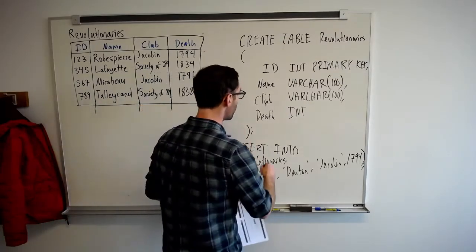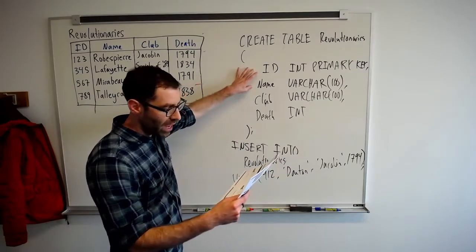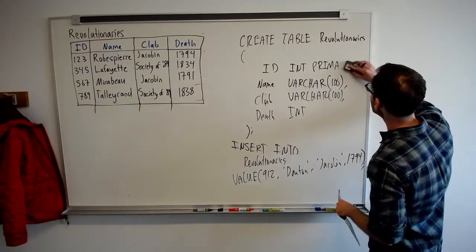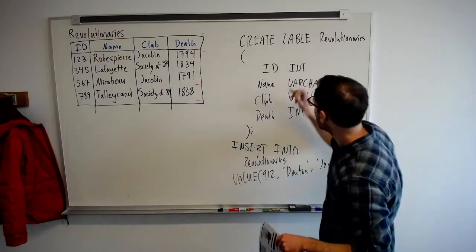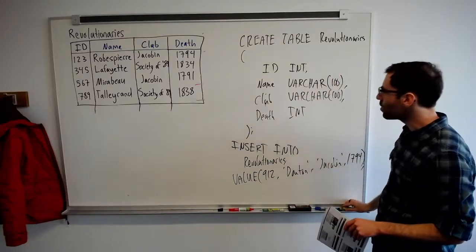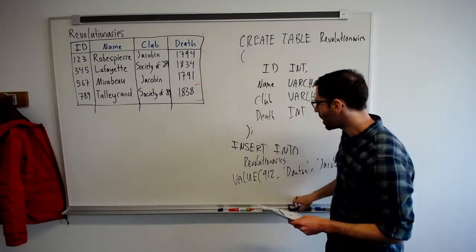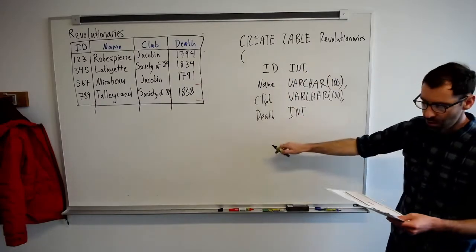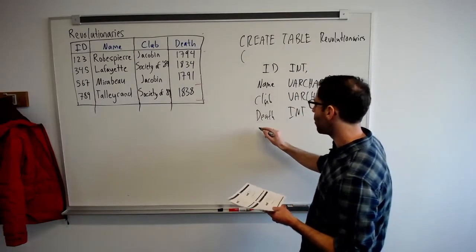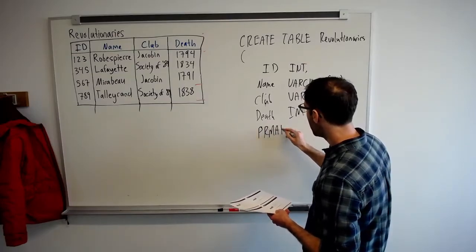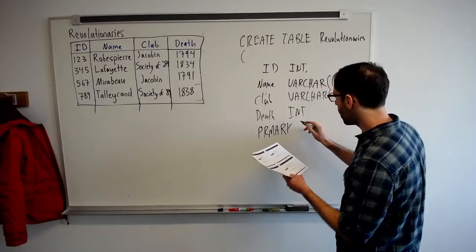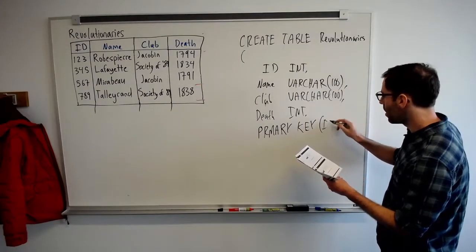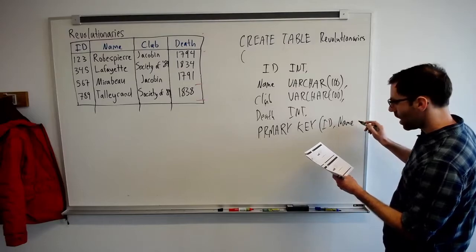And so if we wanted to use the ID and the name in combination as a unique identifier, what we would change is, instead of having primary key appear on the lines which designate an individual attribute as a primary key, we can add at the end, as we're defining the different attributes, we can say, all right, and we want a primary key that consists of ID and name.